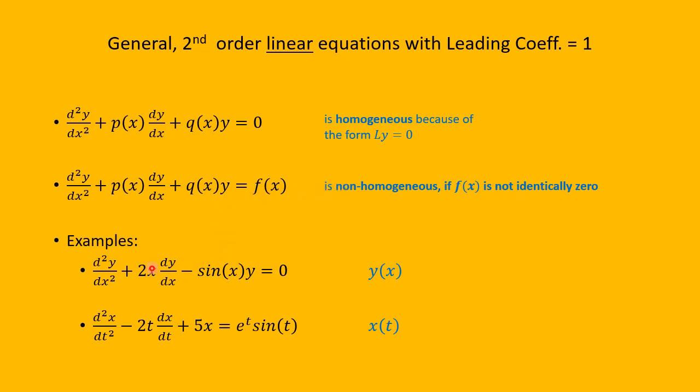So for example, down here, this first equation is a homogeneous ordinary differential equation, in the function y as a function of x. The second equation, where we have, for instance, the second derivative of x with respect to t minus a function of t times dx/dt, and so forth, is a differential equation involving the function x of t.